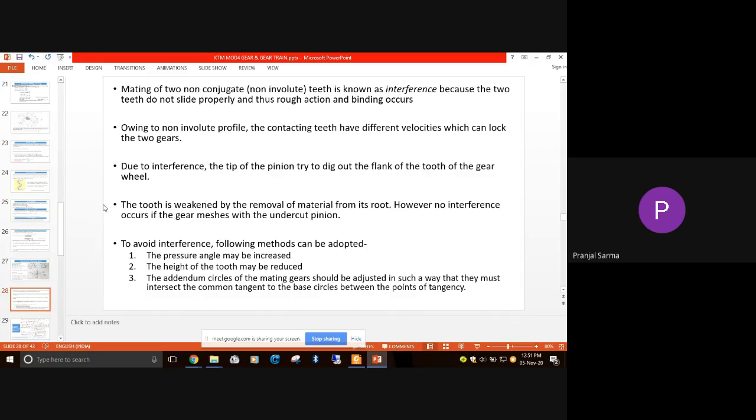So by increasing the pressure angle somewhat, you can avoid interference. That is one way.